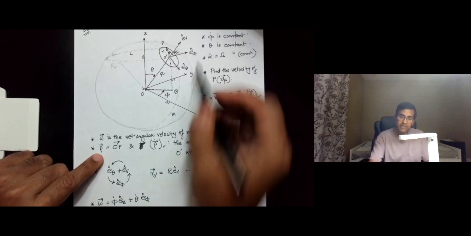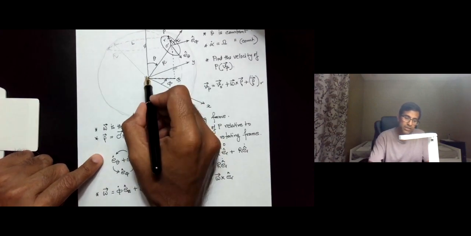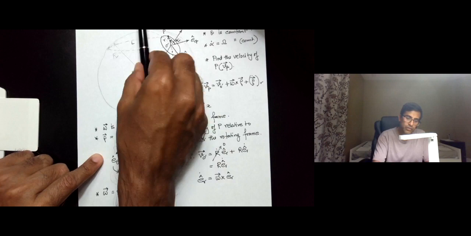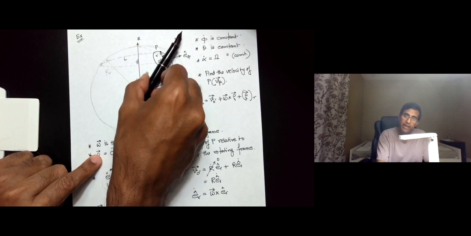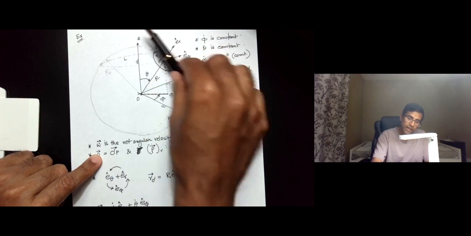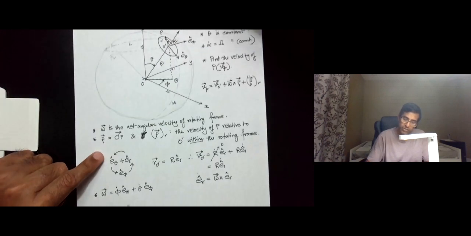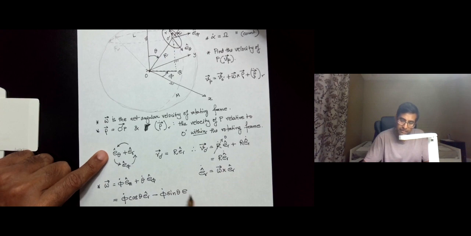We need to express Ez in terms of ER, E theta and E phi. But that is easy to do because if you take the cosine of the z direction, it is going to align with the ER. And if you take the sine of it, it's going to align with the negative E theta. So therefore we have phi dot cosine theta ER minus phi dot sine theta E theta plus theta dot E phi.